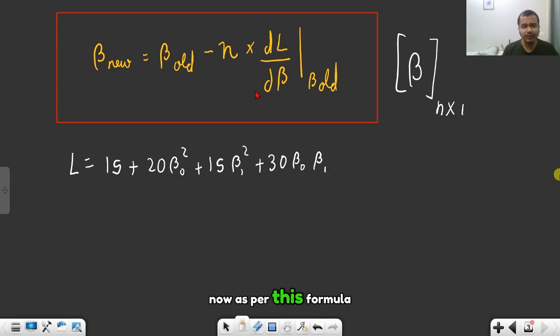Now as per this formula we can see that we need the value of the gradient here. So first let's calculate this dL by d beta. Since beta is a vector of two dimensions, how can we tell that there are two? Here we have two terms, beta naught and beta 1.